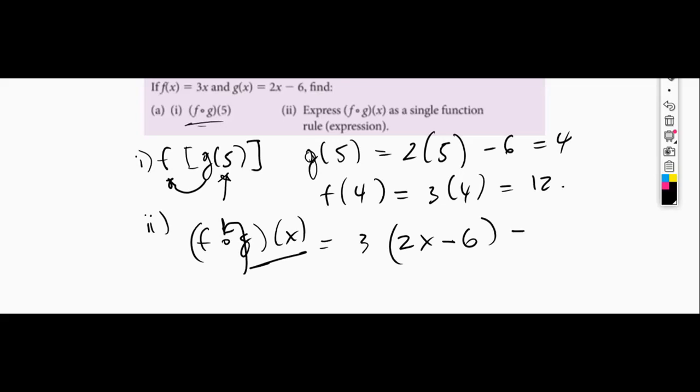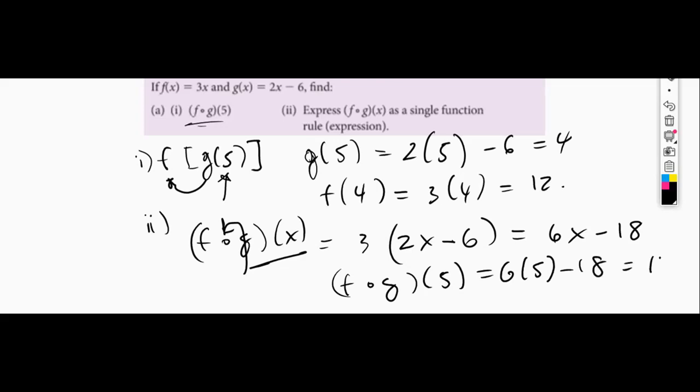And this is going to equal 6x minus 18. Notice that if I now do f of g of 5 directly into this function, it's going to give me 6 times 5, 30, minus 18, 12. So I arrive at the same answer, but in one step.